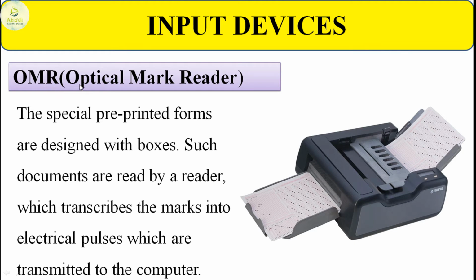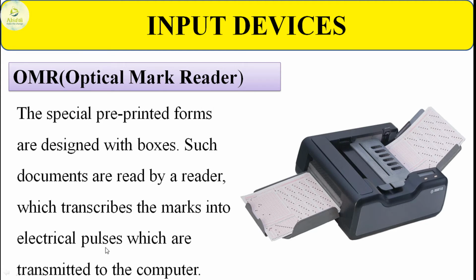OMR stands for optical mark reader, or we can also consider it an optical mark recognizer. It is a kind of reader which reads specially pre-printed forms, just like what is shown on the screen, which are designed with boxes, like the 4 options I mentioned. Such documents are read by a reader and translated into marks in the form of electrical pulses, that is zeros and ones.